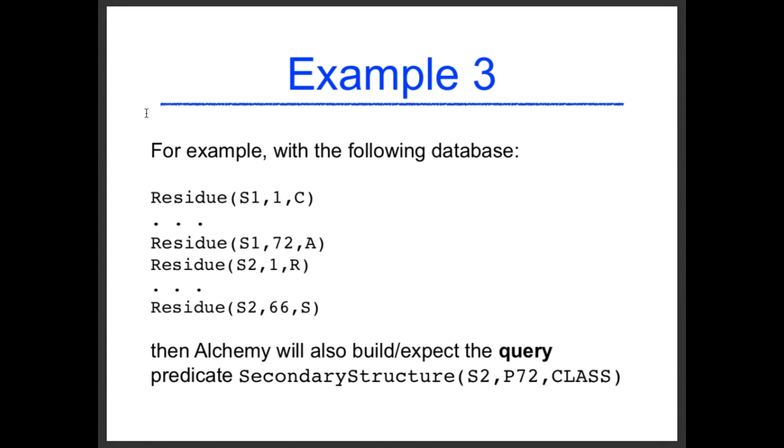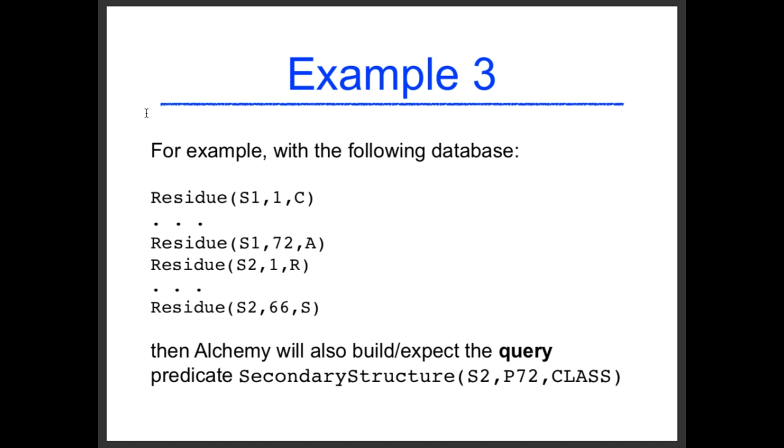So it will build all the groundings up to the maximum length of all the sequences in the DB file, which is something that you do not want, because some of these are clearly unwanted, spurious predicates that do not make sense. Sequence S1 has 72 and sequence S2 has 66, so position 80 doesn't exist for sequence number 2, but it will, in any case, build all of them.